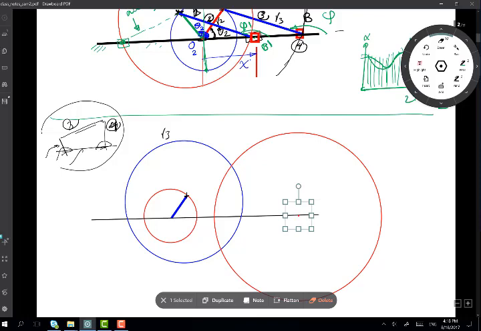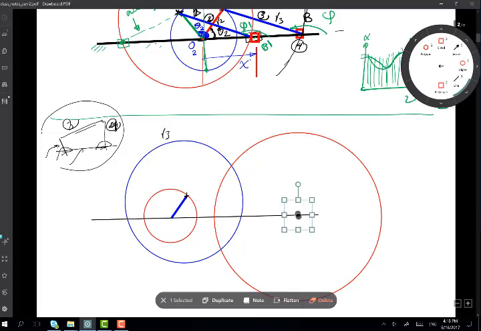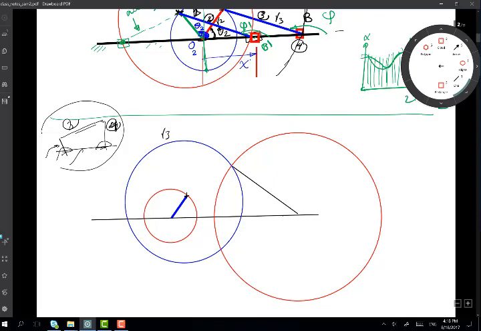I'm going to do this. And over here, the rocker would possibly intersect. If I take a line from here, and I'm taking this as my circle, my center, I'll say this would be the point of intersection.